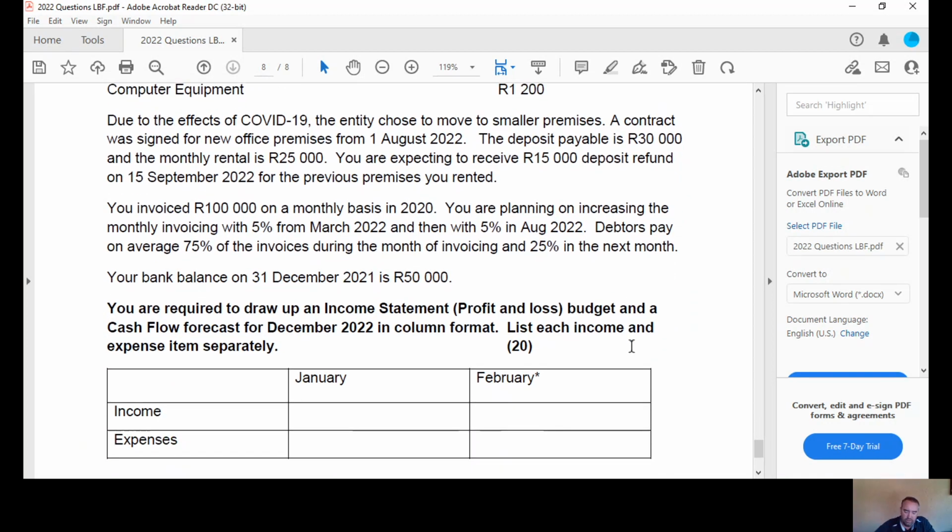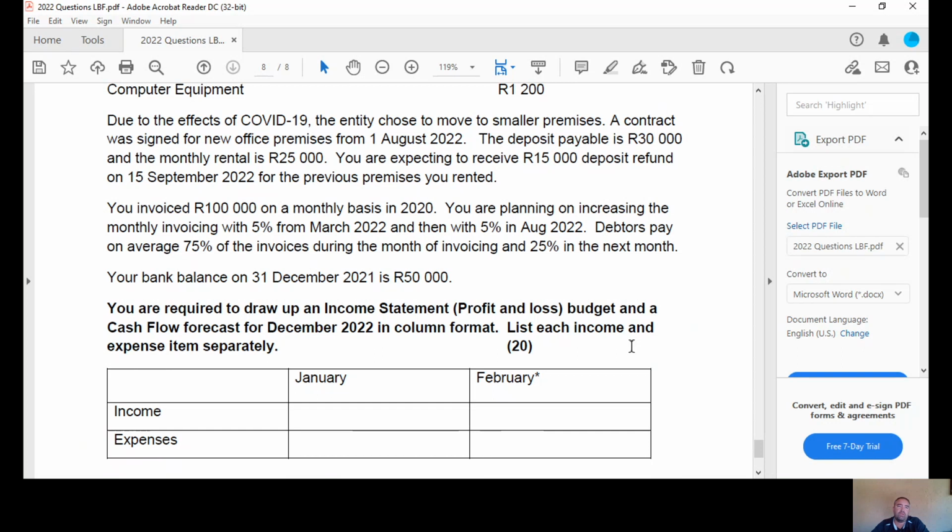Okay. Due to the effects of COVID-19, the entity chose to move to a smaller premises. A contract was signed for new office premises from 1 August 2022. Then the deposit payable. Now, is the deposit an expense? No, it's not an expense because in future I will get my deposit back. So the deposit payable is only a cash flow item.